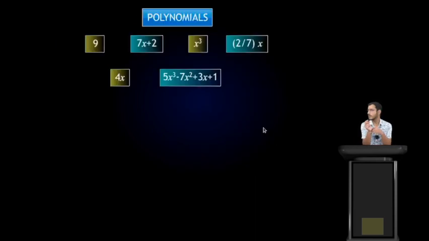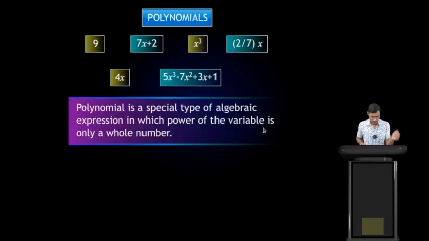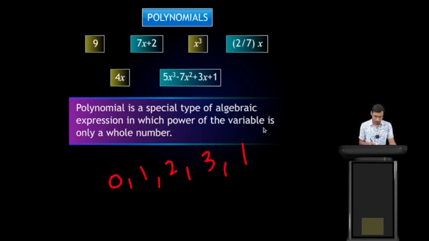So a polynomial is a special type of algebraic expression in which the power of the variable is only a whole number. And whole numbers are 0, 1, 2, 3, 4, 5, and so on.